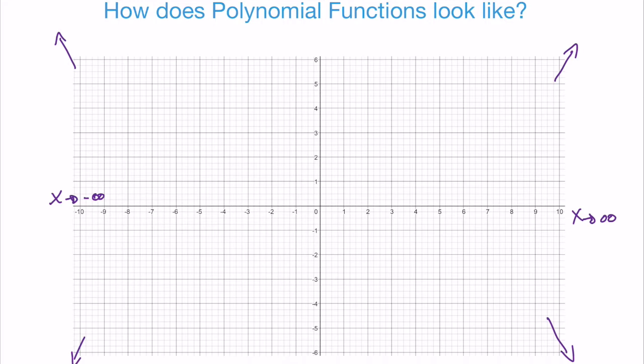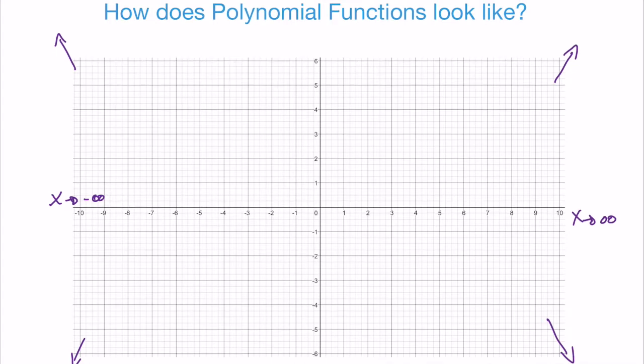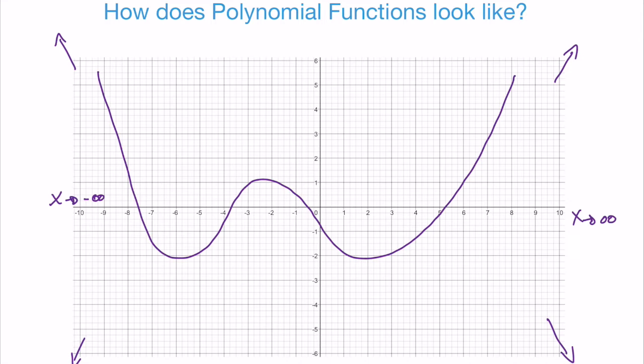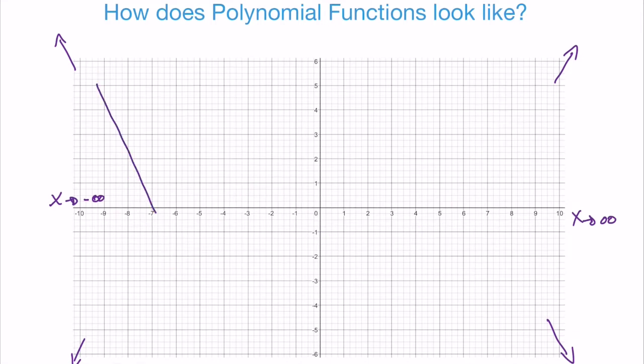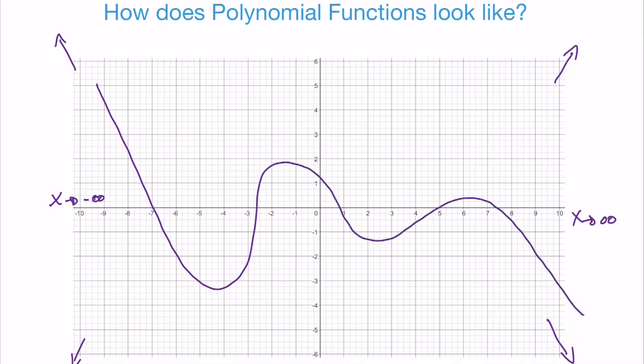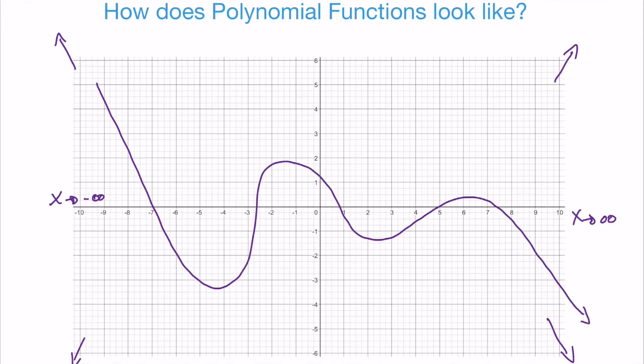So all polynomials end like that, and in the middle, they just wave smoothly and continuously. That is a typical polynomial function, or something maybe like this, waving a lot and ending down there. They all look like that, waving in the middle and ending towards negative or positive infinity on both ends.